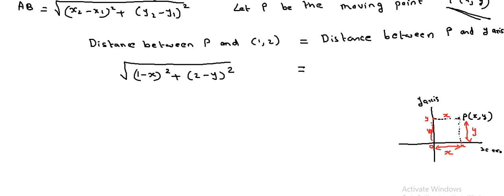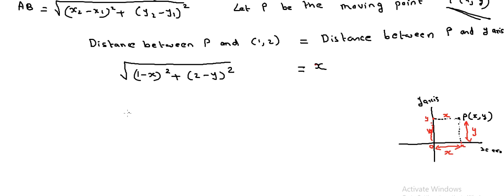So the distance of the point P from the y-axis is equal to x, the x coordinate of P.